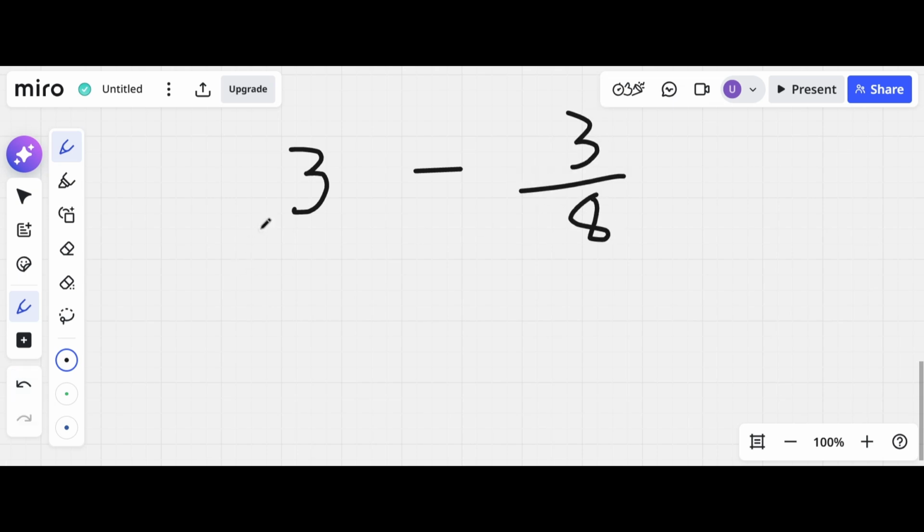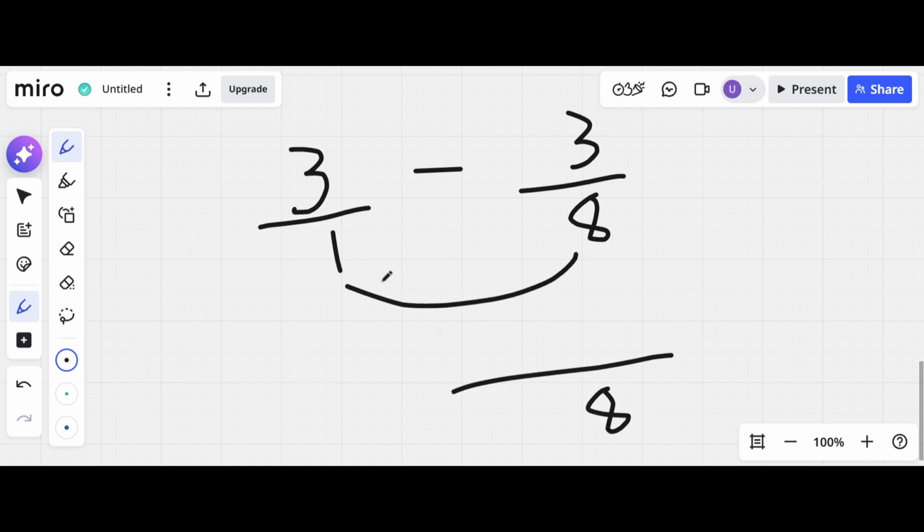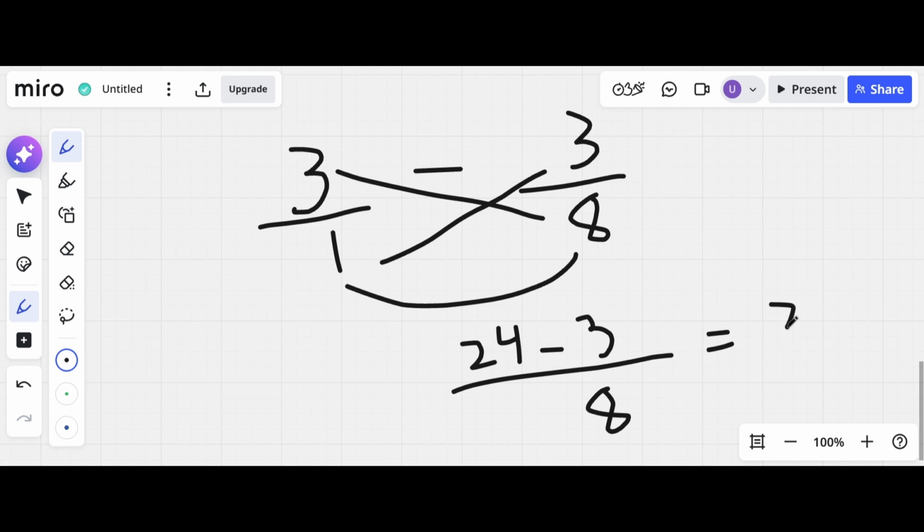Now, this is actually 3 over 1. So 1 times 8 is 8. 3 times 8 is 24. 3 times 1 is 3. 24 minus 3 is 21 over 8.